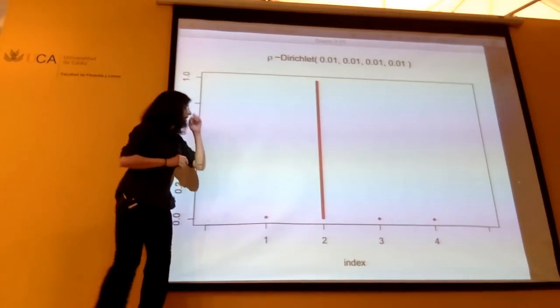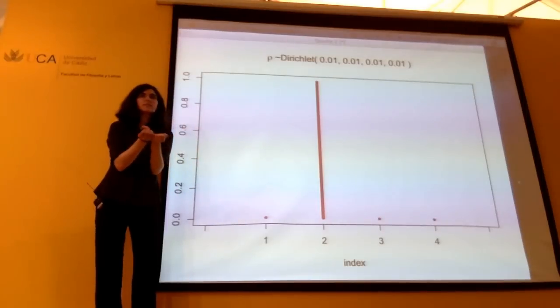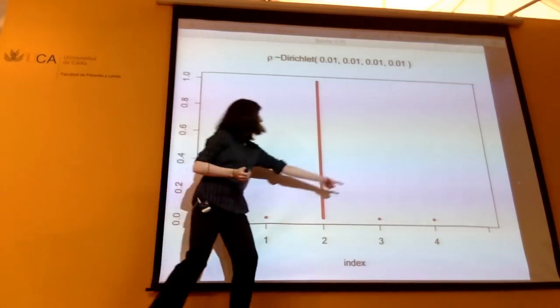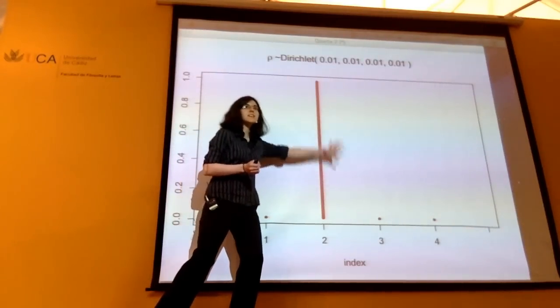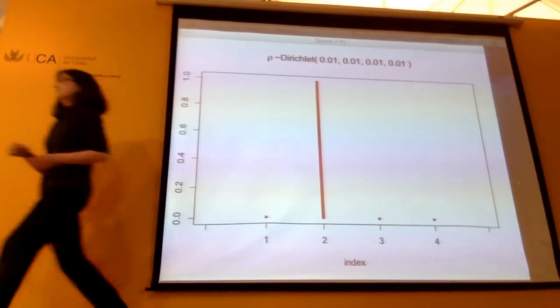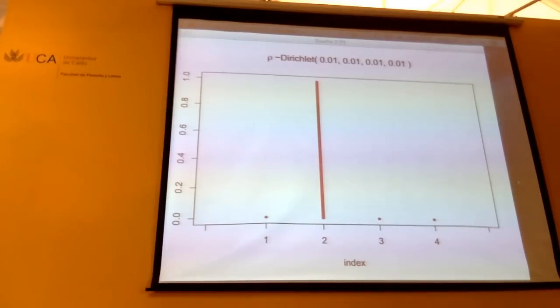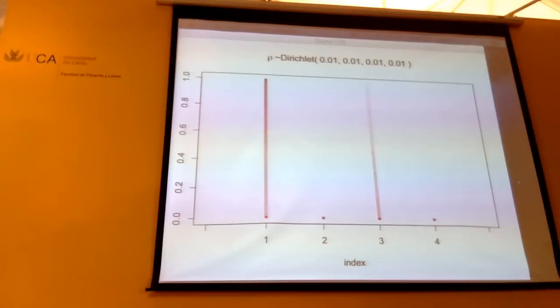And you see again this behavior where, when you have these very small hyperparameters and they're all equal, one of these rho 1, rho 2, rho 3, rho 4 is chosen to stand out, to be the big one. And so every time this is changing, I'm just making another draw from this distribution. Okay, so that's very small A's.